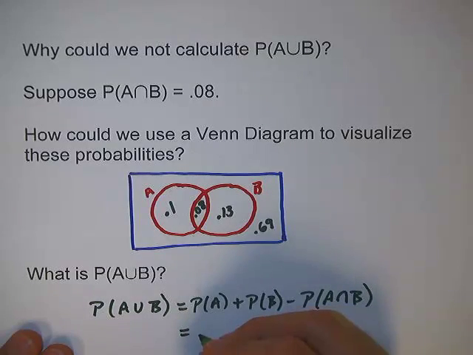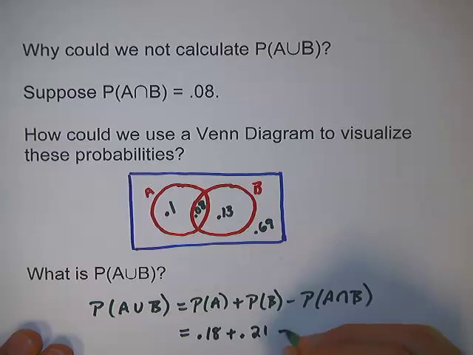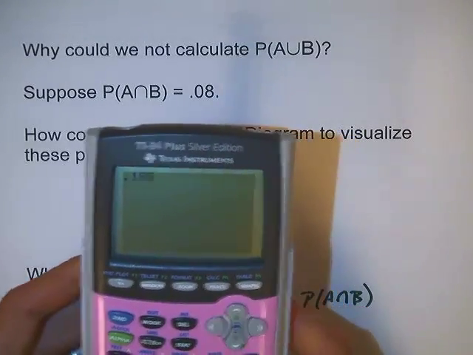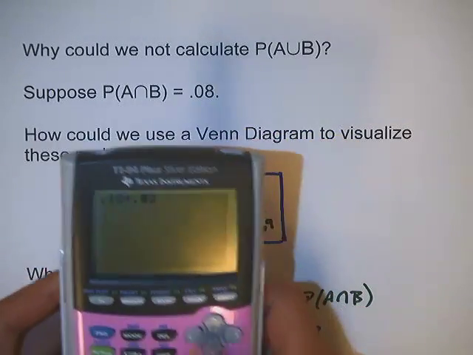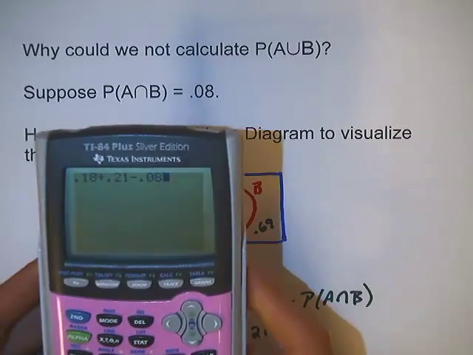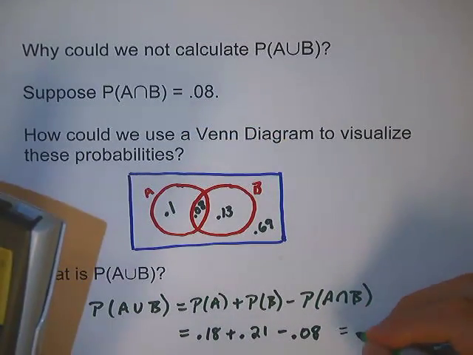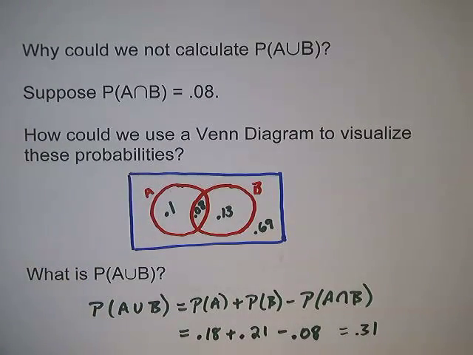So we're going to have 0.18 plus 0.21 minus 0.08. Let's do those in the calculator. Okay, and that does end up giving us 0.31. So there is a 31% chance that a randomly selected student will take either stats or psychology or both.